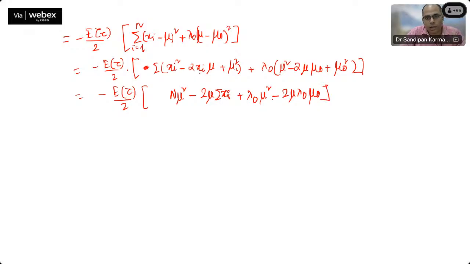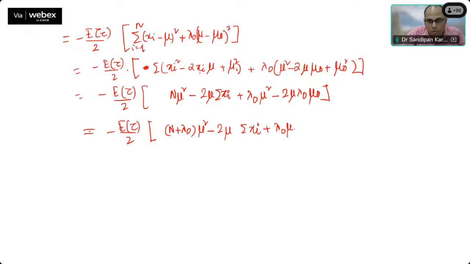Now collect the mu square terms. So this one is minus E of tau by 2, then it is becoming (n plus lambda naught) mu square minus 2 into mu into (summation of xi plus lambda naught mu naught). This will be inside.